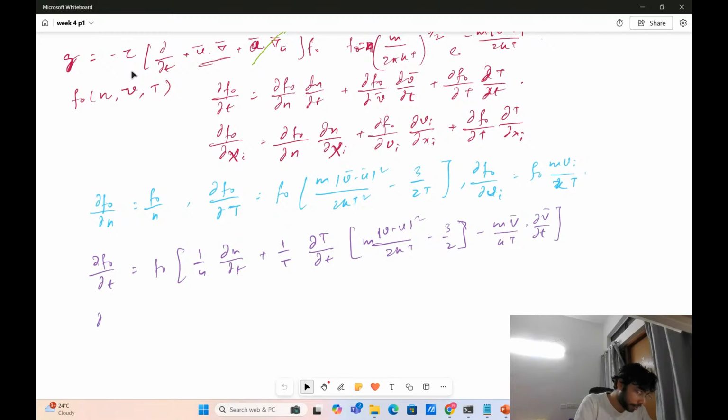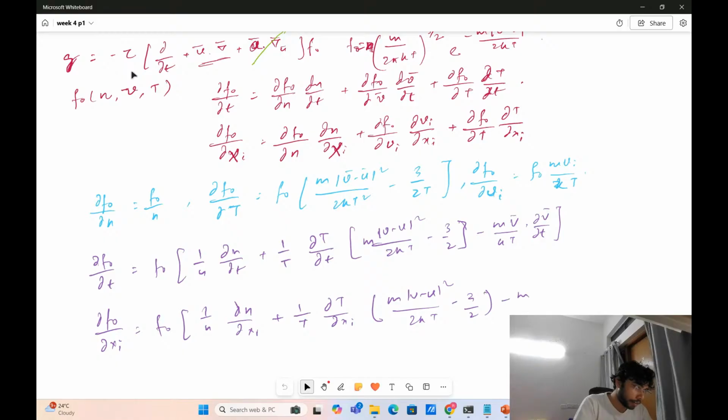And del f naught by del xi, you will get f naught times 1 by n del n by del xi, plus 1 by T del T by del xi times (m (v minus u) whole square by 2kT minus 3 by 2), minus m by kT v dot del xi of v. And the last term is anyway 0.